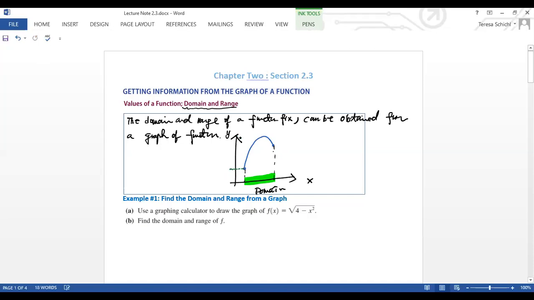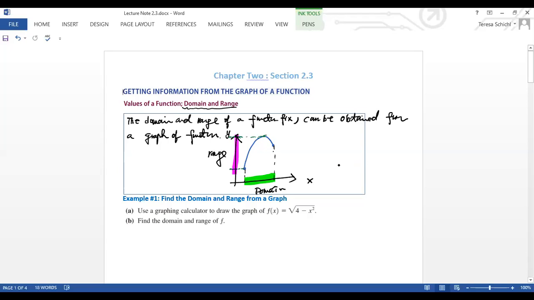So that's the range of the y's. The domain from the graph is from here to here, and the range is from here to here.